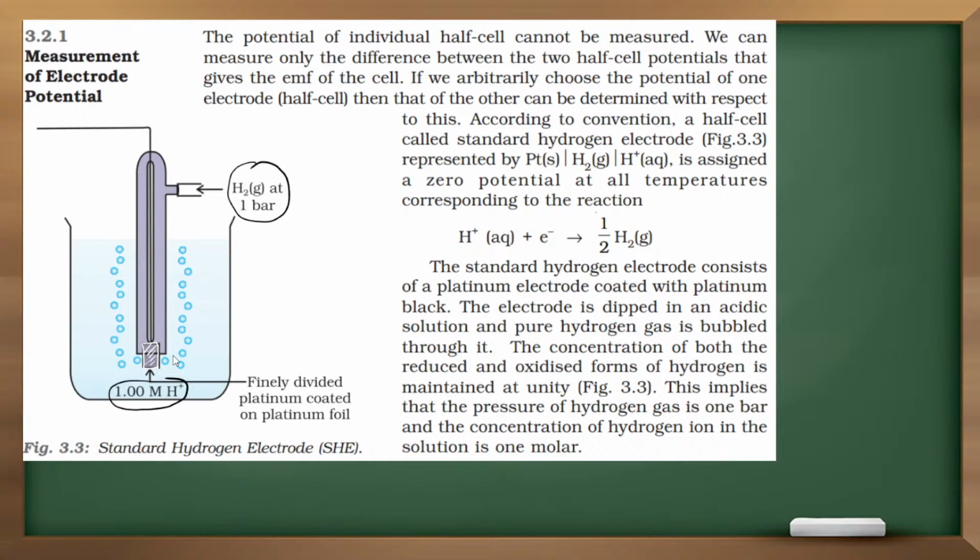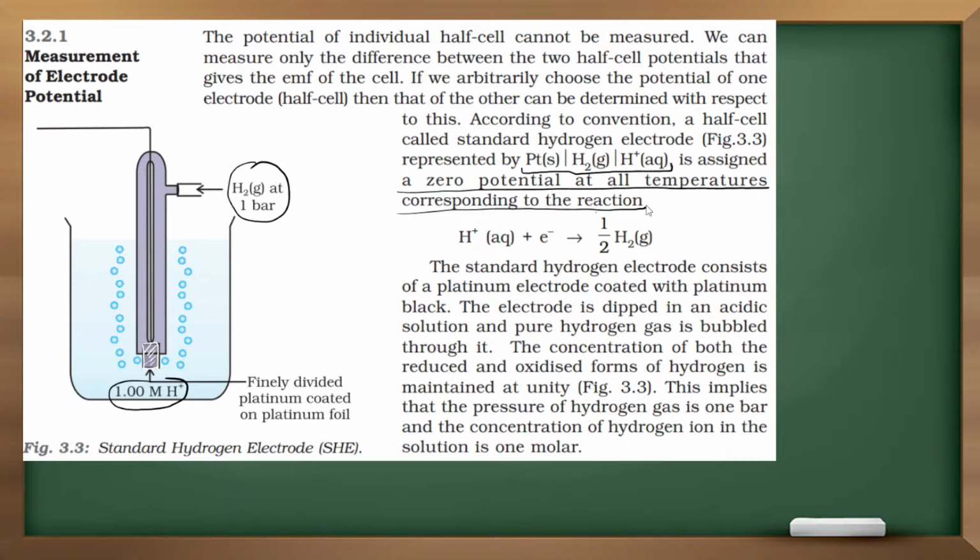So why is platinum foil used, or why is finely divided platinum coated on platinum foil? Because it will increase the surface area and therefore more hydrogen gas gets absorbed on it. Okay, so this is called standard hydrogen electrode, and it is represented as Pt(s), H2 gas, H plus aqueous, and is assigned a 0 potential at all temperatures.